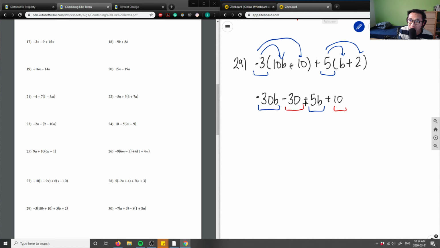Negative 30 plus 5 will be negative 25, then we have the b here. And then negative 30 plus 10 is simply negative 20, right? Because by adding 10 to a negative number, it's going to become less negative. So this is negative 20.